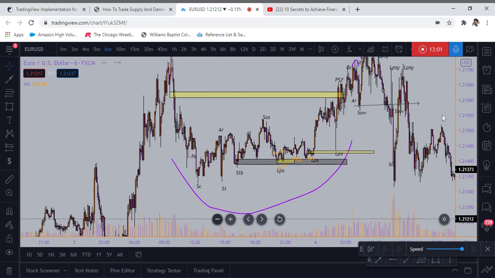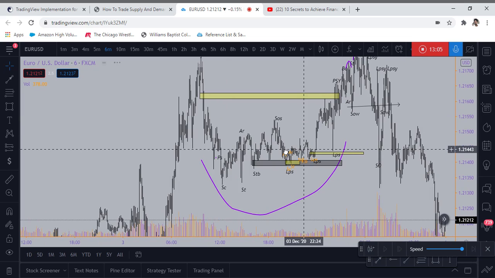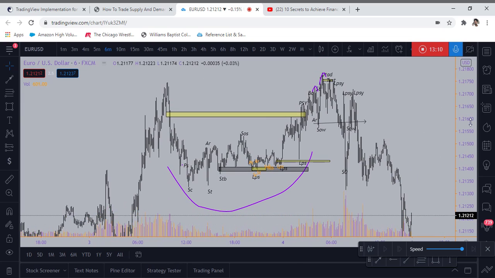So now I hope that was a better understanding for some of you to understand that the market is a fractal. What you see on one time frame, you see on another. It's always supply zones within a supply zone, or order block within an order block, or break within a break, or schematic within a schematic.